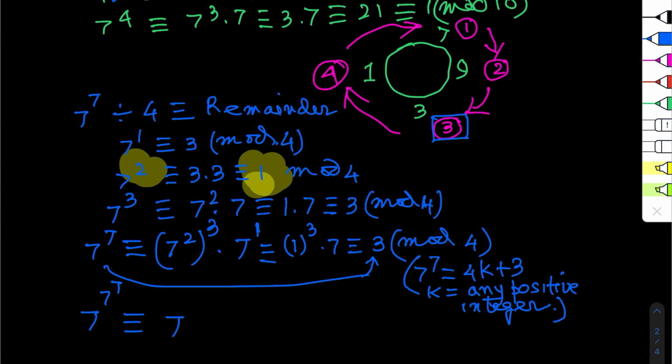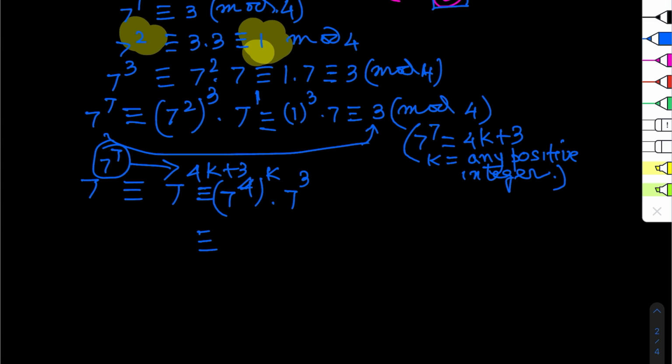So for 7 to the power 7 we may write 4k plus 3, and that means also 7 to the power 4 whole to the power k into 7 to the power 3.